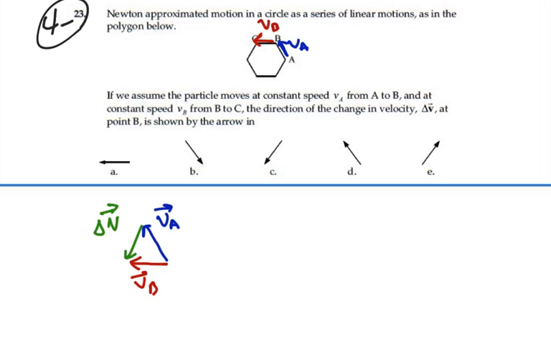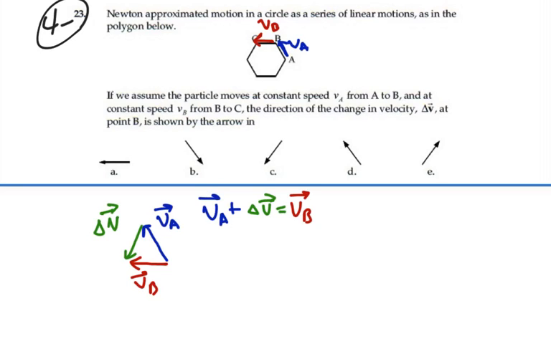In other words, we could think of this as being the velocity of A in a vector sense plus our change in velocity in a vector sense is equal to our velocity of B.